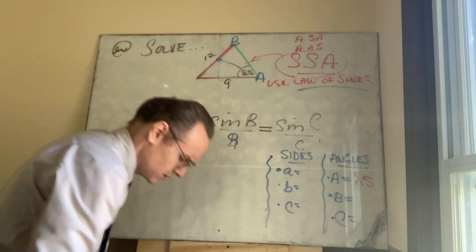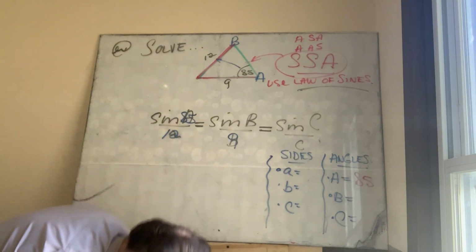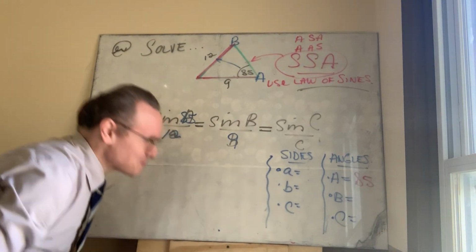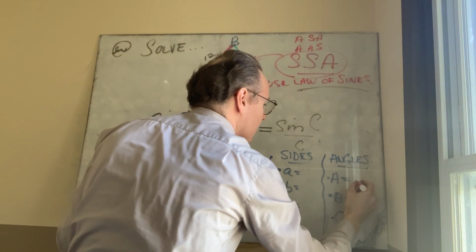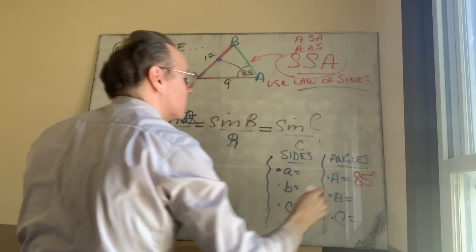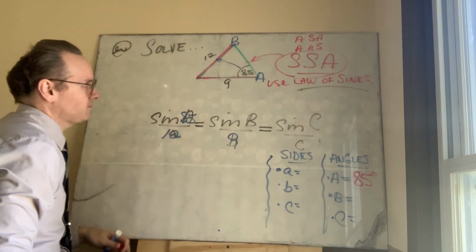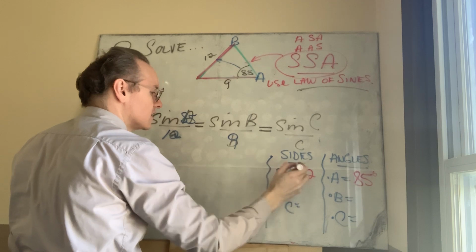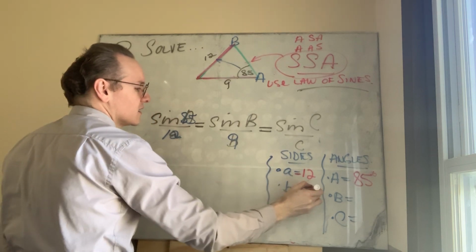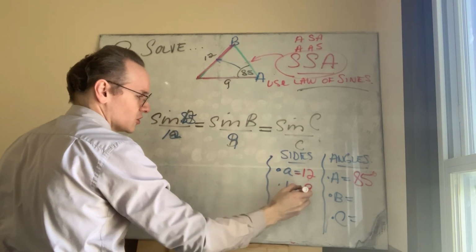It's a little faint. Better. And we have 12, because that corresponds to that. And 9 is because I designated it as such.